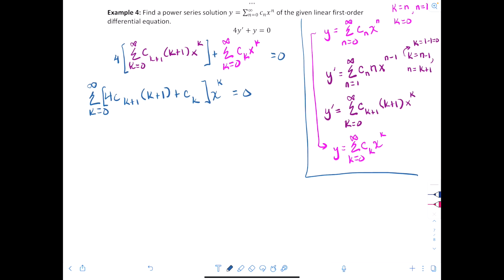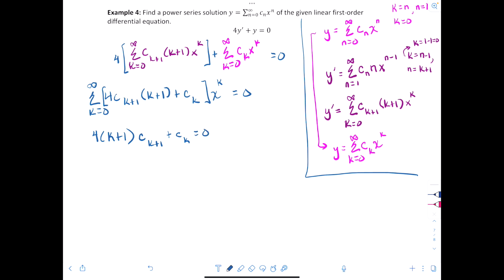We will go ahead and we're going to equate the coefficient of the x to the k term equal to 0. So we're going to have 4 times k plus 1 times c sub k plus 1, plus c sub k, equal to 0.